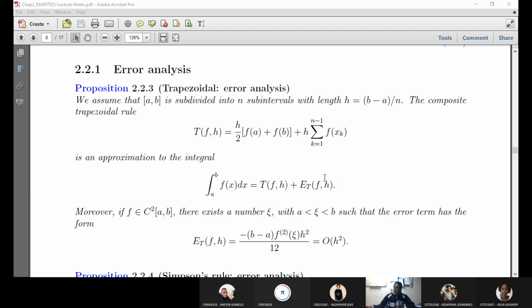Because the trapezoidal rule being a quadrature formula or quadrature rule, the definite integral can be written as the quadrature rule plus an error term. Now, the error analysis consists of evaluating, or finding an expression for, the error term.